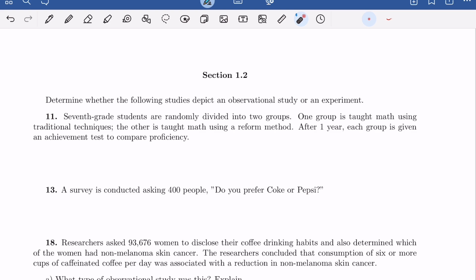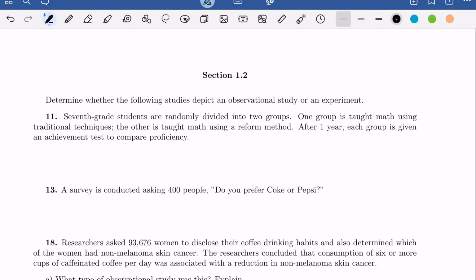So, for question 11, we're told that seventh grade students are randomly divided into two groups. One group is taught math using traditional techniques, while the other is taught math using a reform method. So, after 1 year, each group is given an achievement test to compare their proficiency. So, just based off of this information, we should be able to tell if it's an observational study or an experiment.